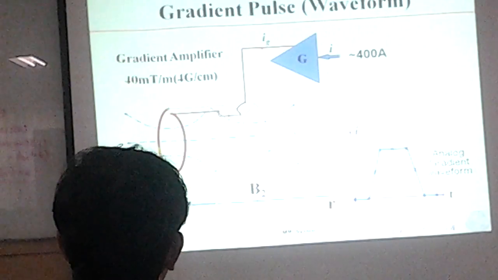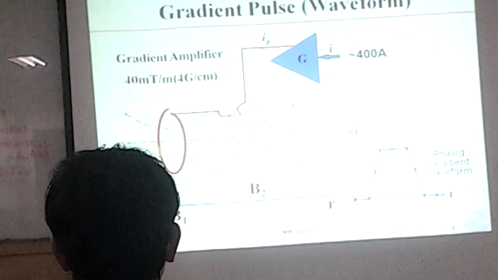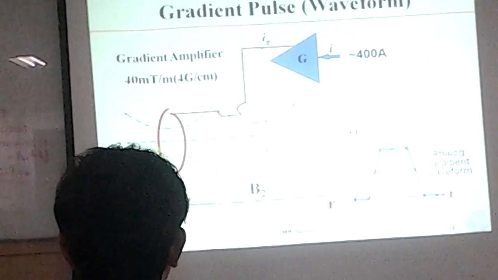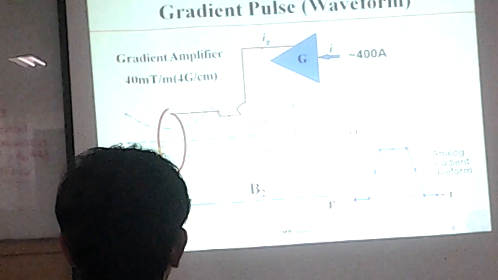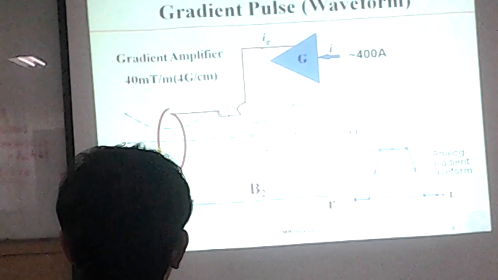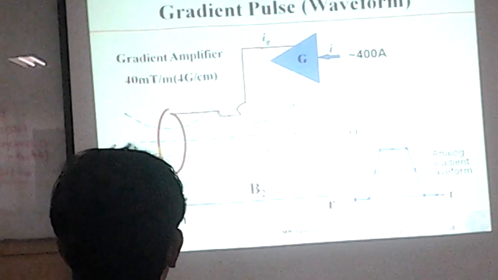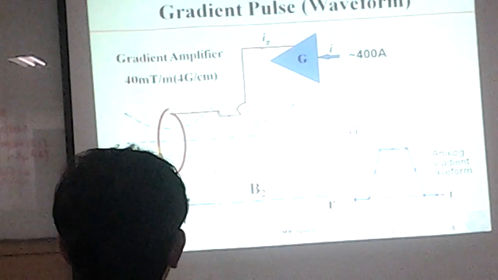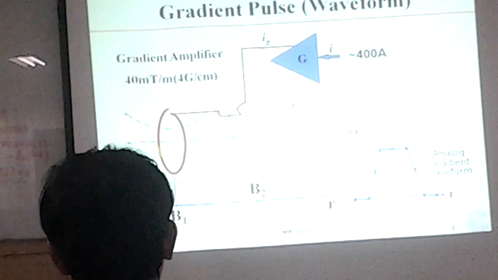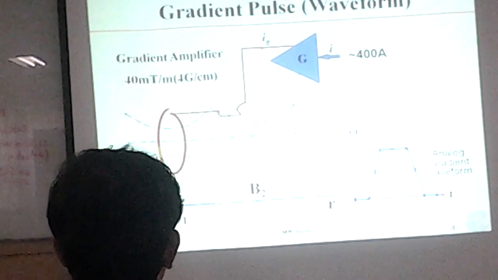This slide shows the connection of two gradient loop coils, which generates the gradient field. In this connection, the current direction is opposite, and these currents are driven by the gradient amplifier. This gradient amplifier is a kind of current amplifier.